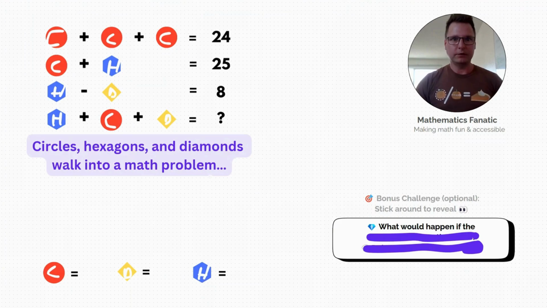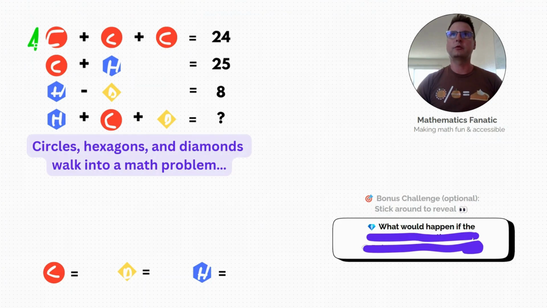Okay, let's change the color here. So first of all, we have 4 equations here, right?